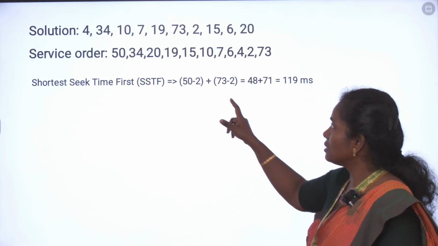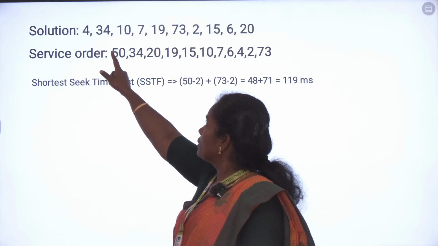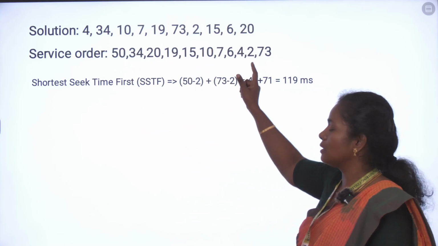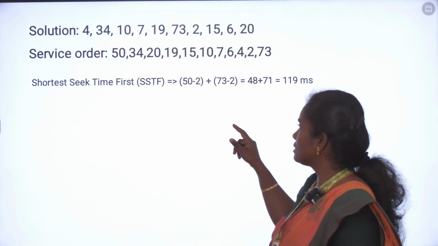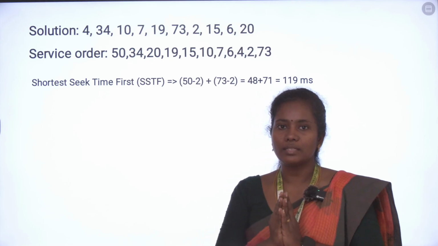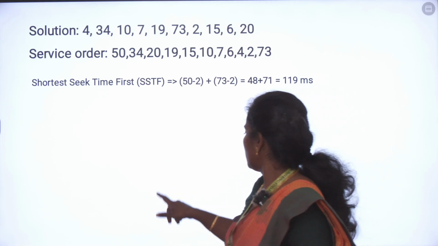The solution: the requests are given in the order 4, 34, 10, 7, 19, 73, 2, 15, 6, 20. The question says shortest seek time first. In shortest seek time first, the request nearest to the head will be served first.